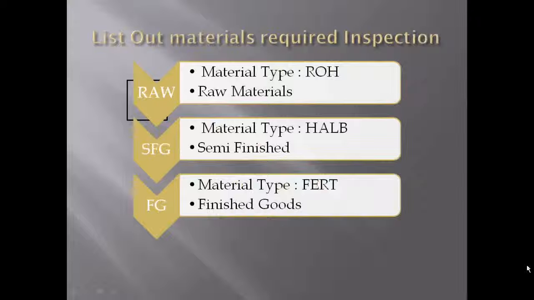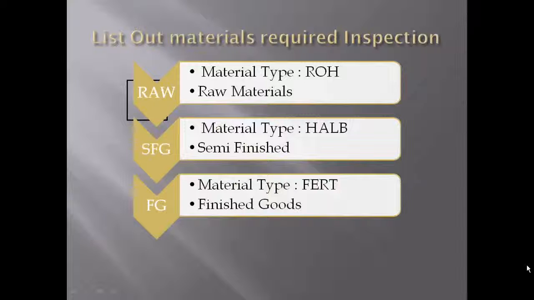So whenever SAP is getting implemented in any company, we will list out all the materials, like how many materials they are using as raw materials, SFG, or finished goods. Maybe they have 1 lakh raw materials, but they may not be doing quality inspection for all materials. So whatever raw materials they are doing quality inspection for, they will list out.